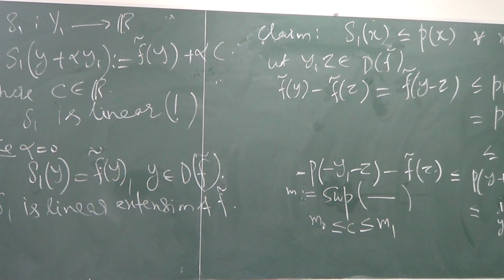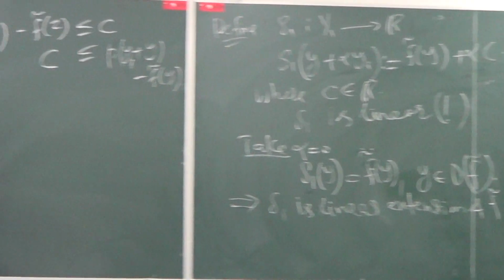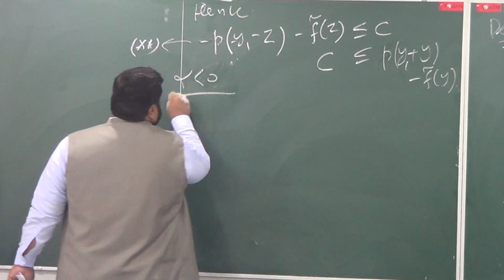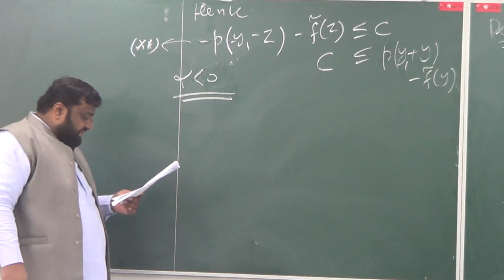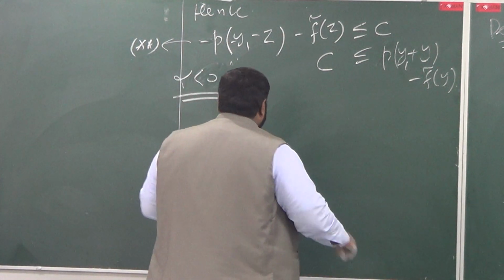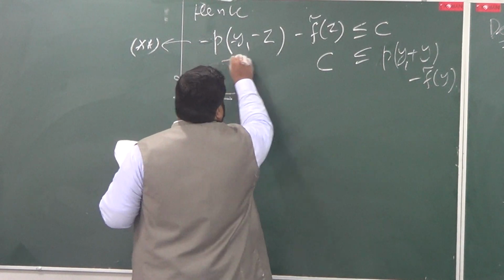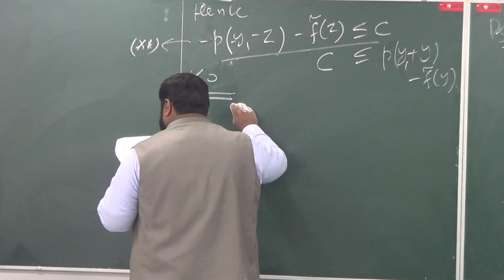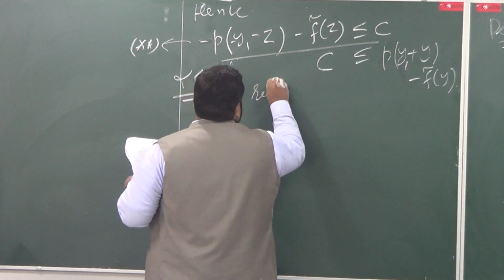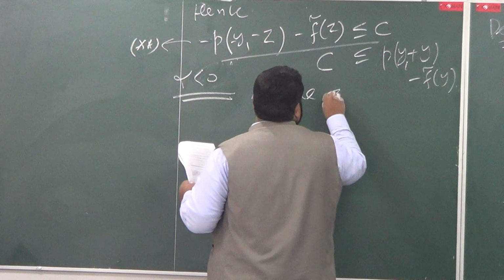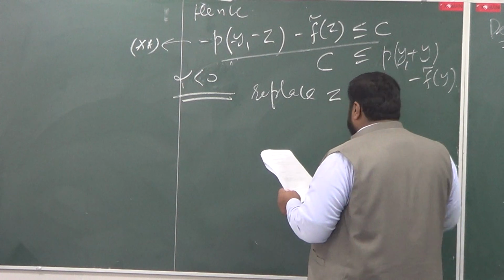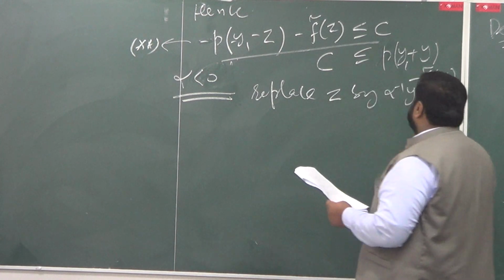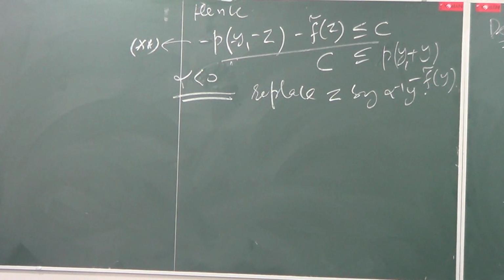So the interesting case would be to consider when alpha is negative, for example. Okay? Alpha is negative. So if alpha is negative, replace, in this part, not in the whole inequality, z by alpha inverse y.